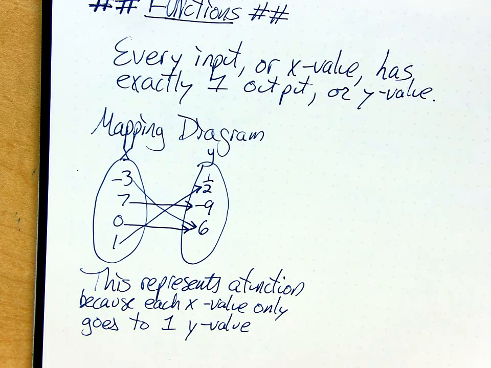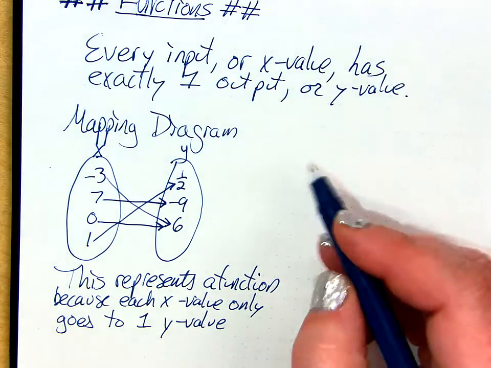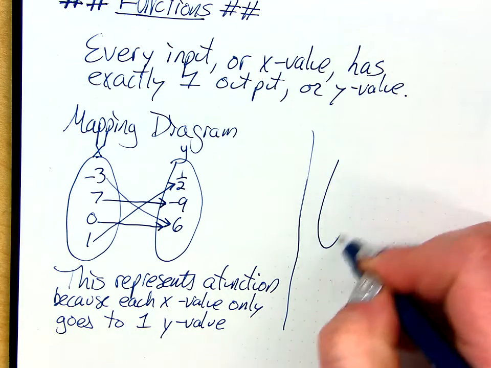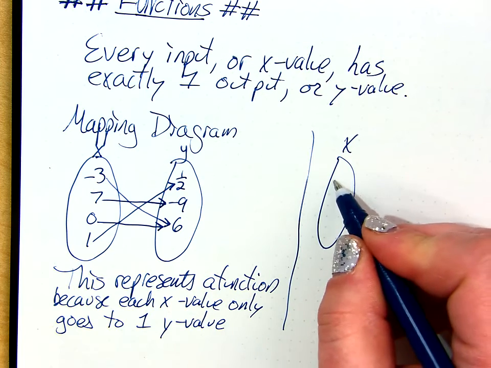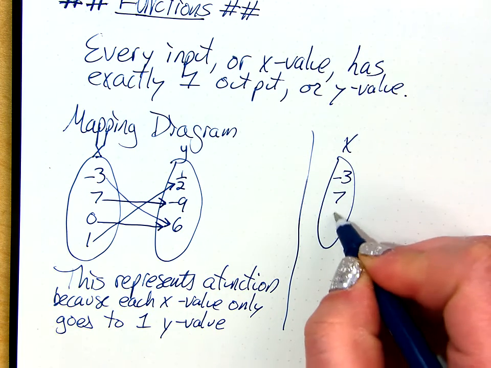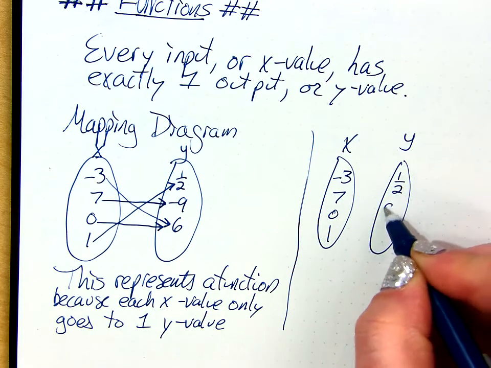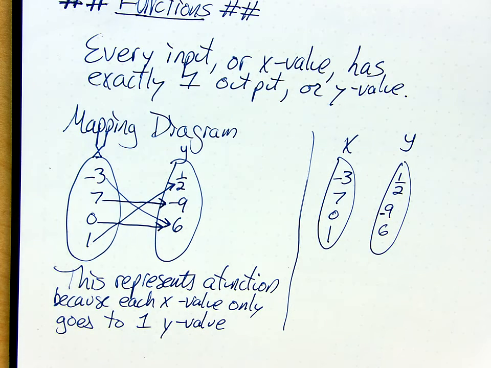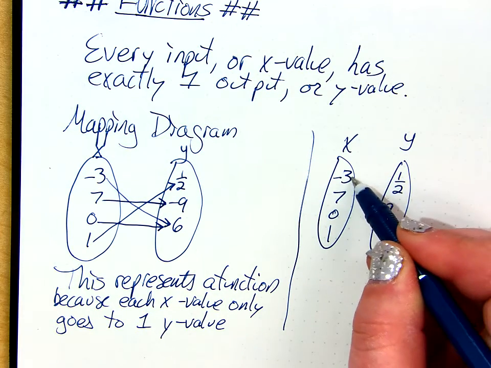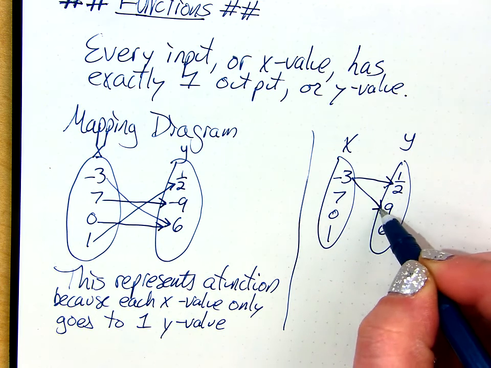So let me show you an example of one that's not. I'm going to do another mapping diagram over here. I can even use the same numbers. So this time, let's say -3 went to a half, but it also went to -9.